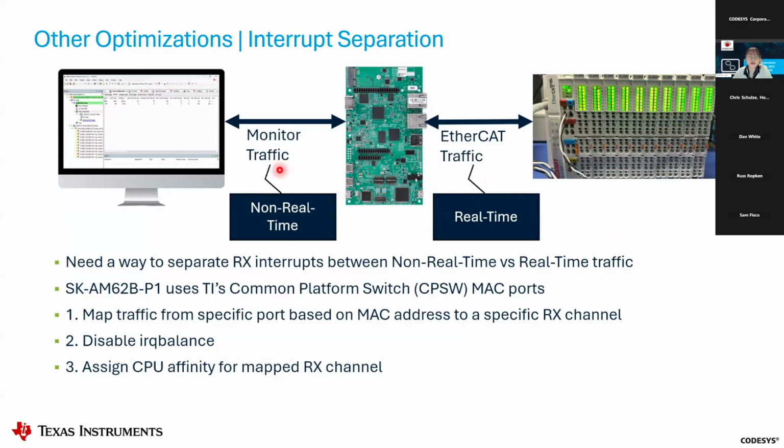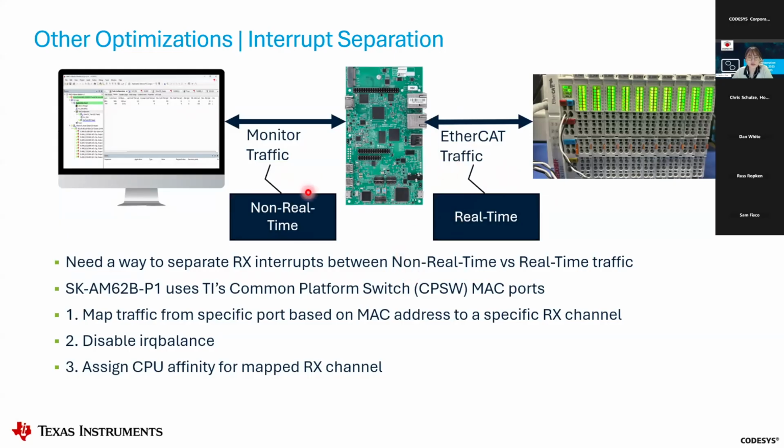One I call monitor traffic, which is the traffic between the Windows PC with the CODESYS development system and the EtherCAT main device. The other is the actual EtherCAT traffic that travels between the sub-device nodes and the EtherCAT main device, which does have strict real-time requirements.